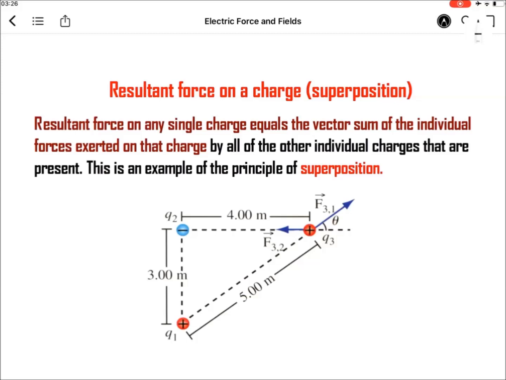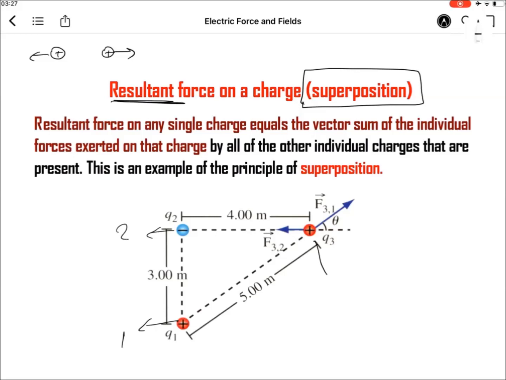Resultant force on a charge, they call it superposition. That means in the previous examples we discussed the force between two charges. If the charges are more than 2, there will be more than one force. If there is more than one force, there will be a resultant force, because force is a vectorial quantity. Like in this picture: first charge, second charge, and the third charge. They are stationary charges.